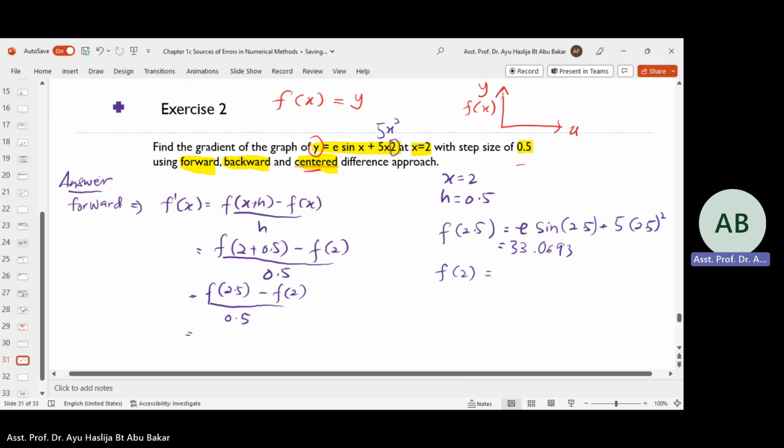So for f(2.5) with mode radian, you should be getting 33.0693. f(2) is 22.4826. So here, f(2.5) minus f(2) divided by 0.5. So it should be getting around this figure.